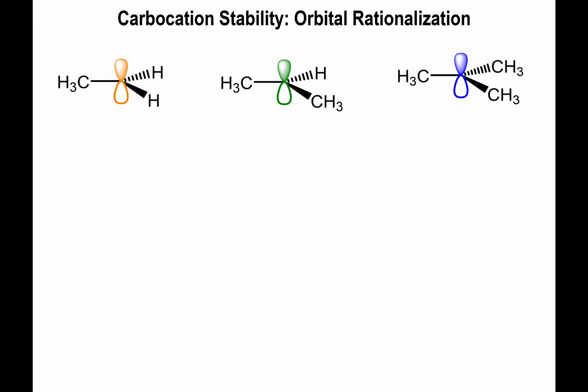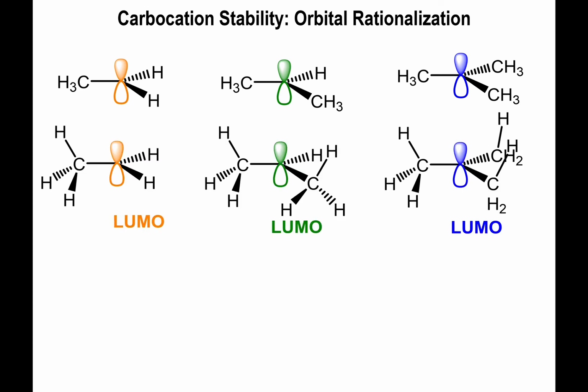Now, what happens is that when you look at the methyl group, there's really no stability whatsoever there, but start substituting the carbon with an alkyl group or two alkyl groups or three alkyl groups. In other words, go from methyl to primary to secondary or tertiary carbocations. And what you basically have is this picture of the neighboring alkyl C-H bonds making themselves parallel to the empty p orbital.